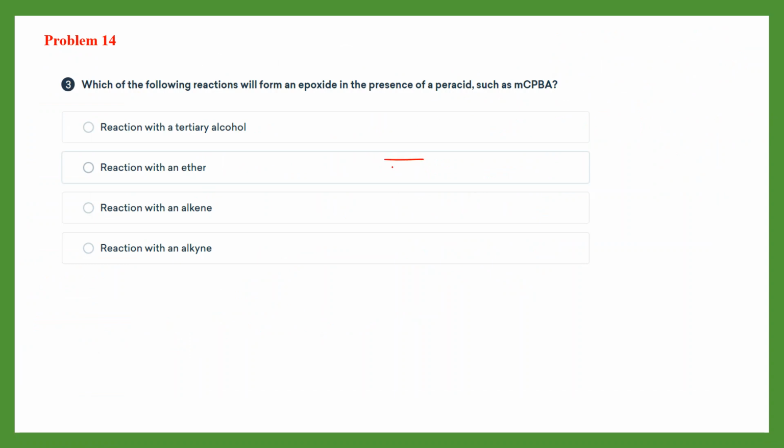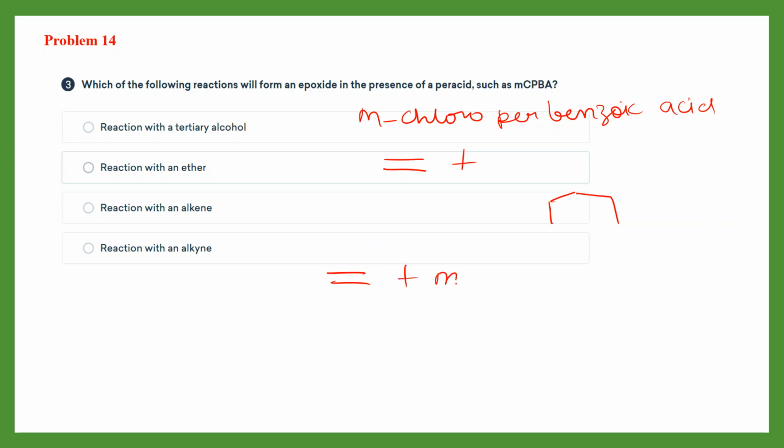Basically, if you have your alkene in your reaction medium, MCPBA is meta-chloroperbenzoic acid. For the present case, you should remember that in presence of MCPBA, epoxide forms on an alkene.